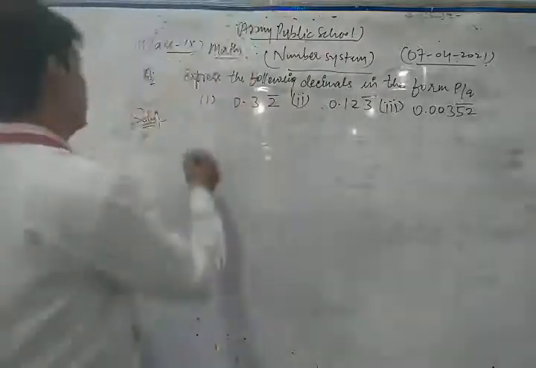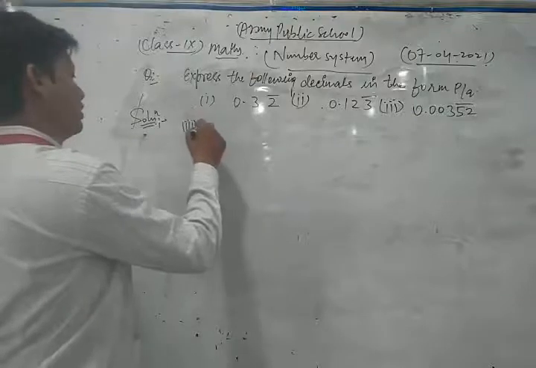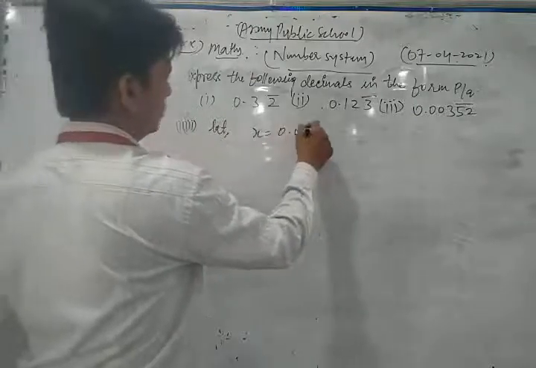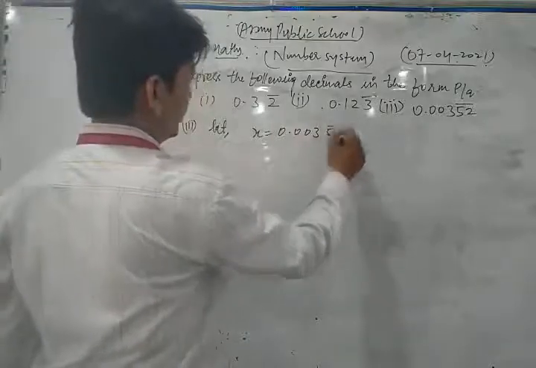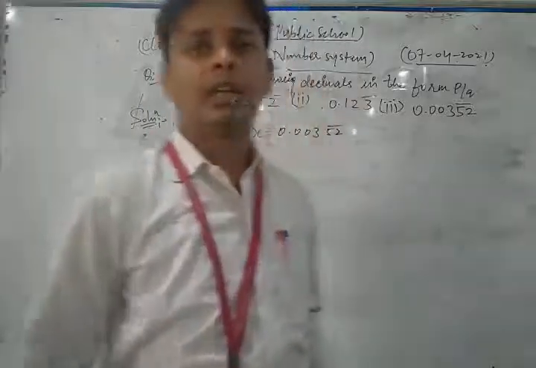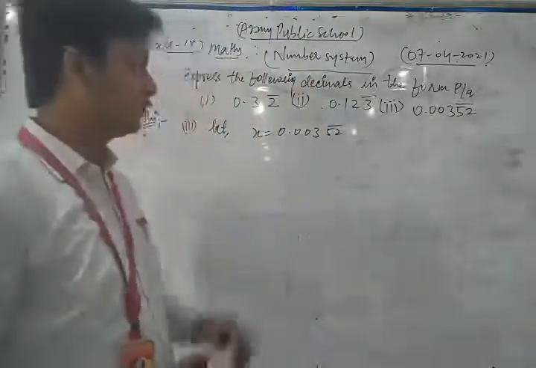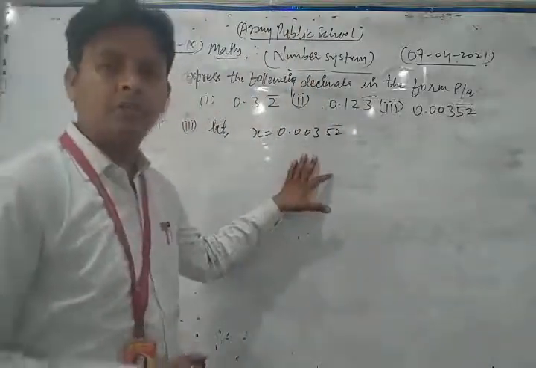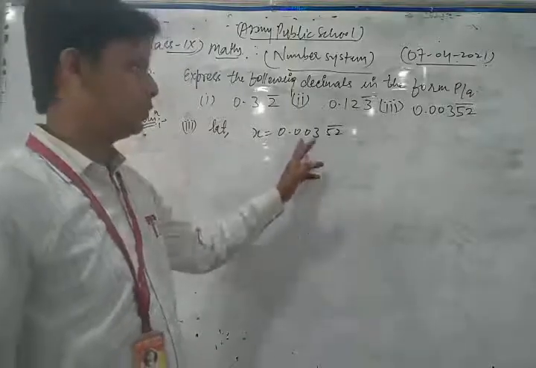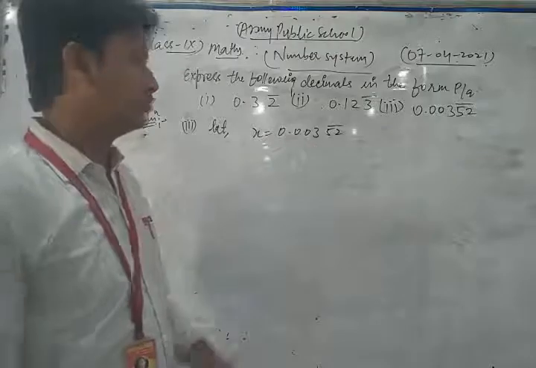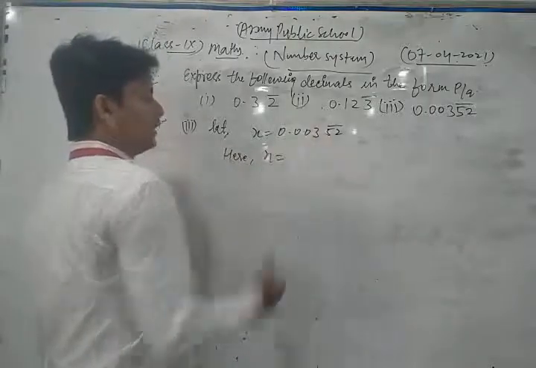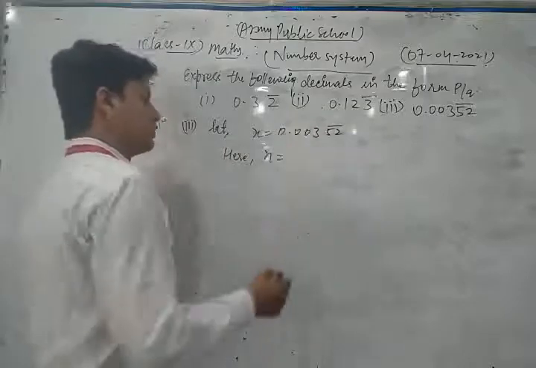Now, similarly, we can solve that one. Let us consider x is equal to 0.00352 bar. What do I do, students? Again, we apply the same concept. First of all, we observe how many digits after the decimal do not have the bar. Here there are 3 digits. So the number of digits not having the bar on the right side after the decimal is 3.